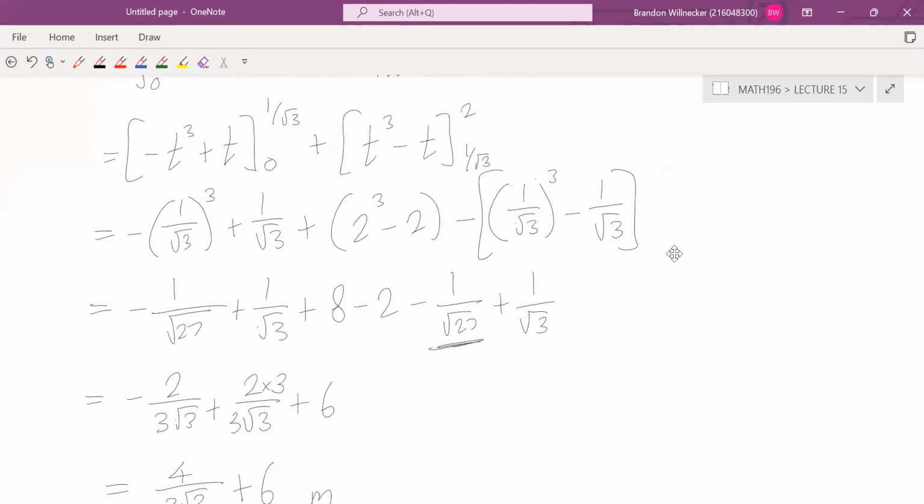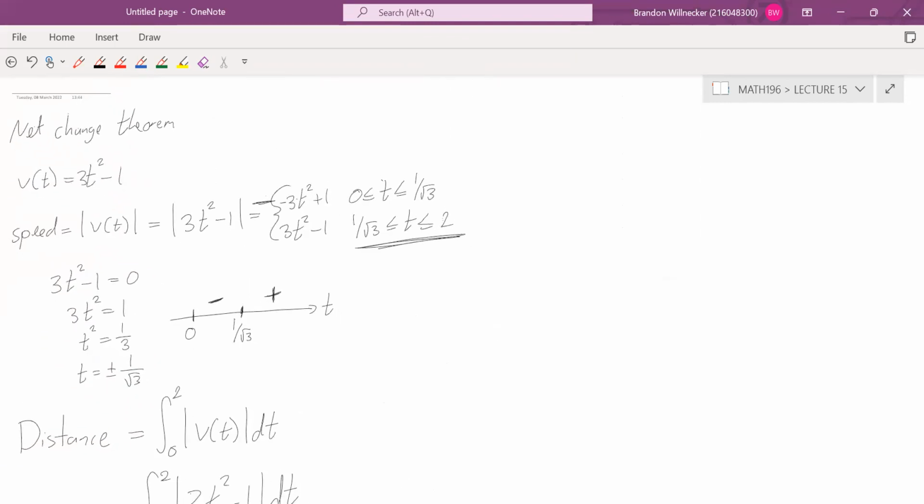Okay, so let's just go over this one more time here. So if I give you the velocity, remember that velocity can be positive and it can be negative. So what we want is the speed. So speed is the absolute value of velocity. So we need to take the absolute value of the function, and that's going to split the velocity function into two parts. One part where it was negative and one part where it was positive. Okay, so you do that.